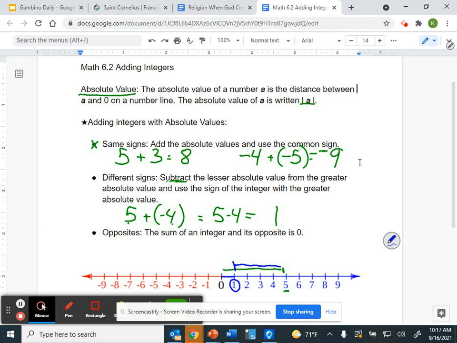You can use that number line if it helps you visualize what you're doing. We're going from that positive 5, going back negative 4, because we know negative numbers go to the left. So we have that positive 5 to the right and a negative 4 to the left. And that's how we end up at 1.